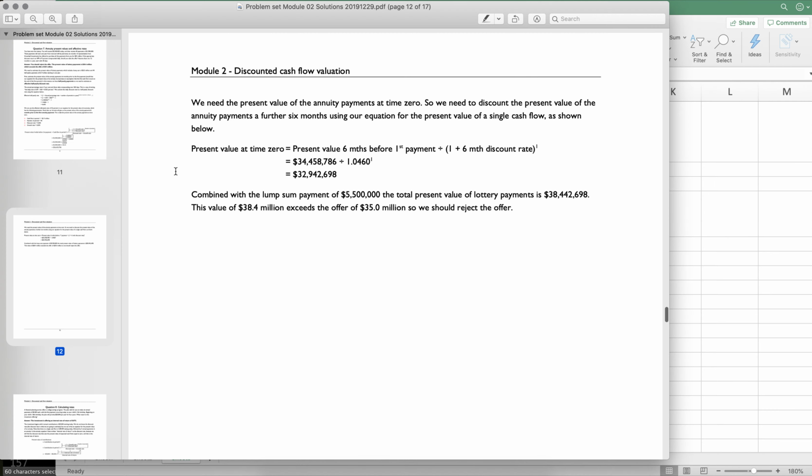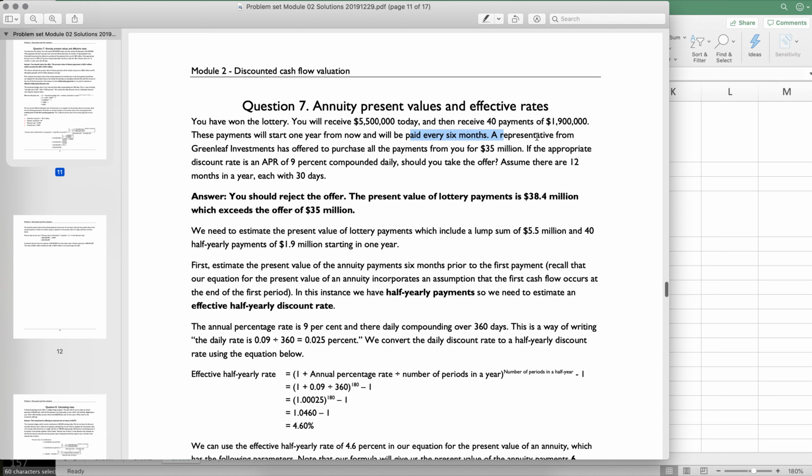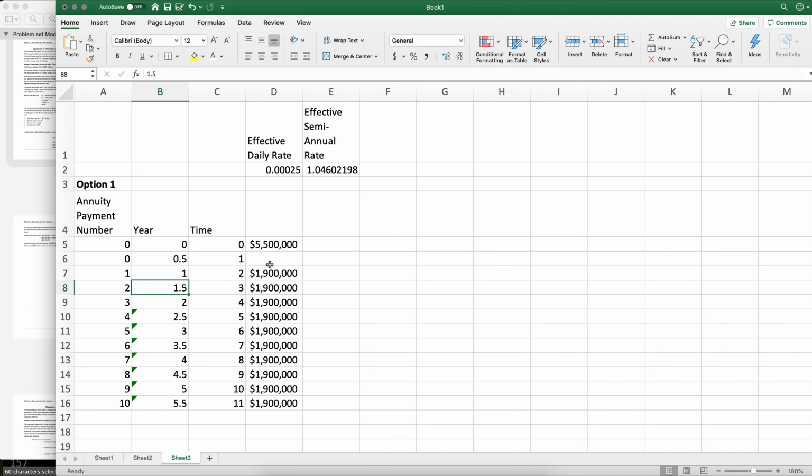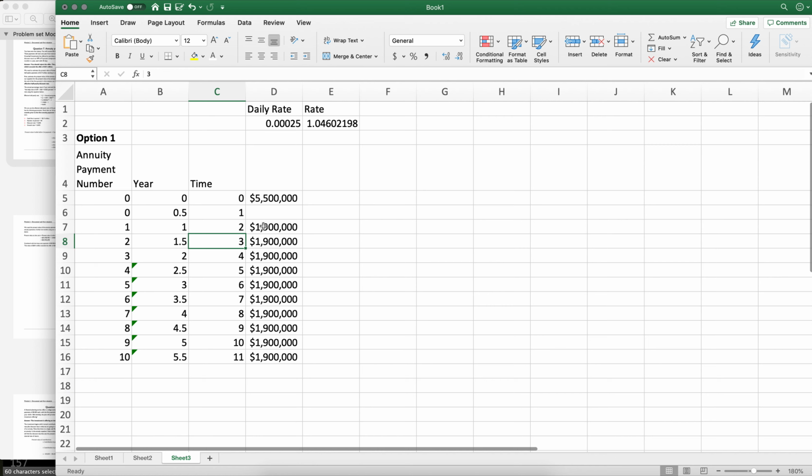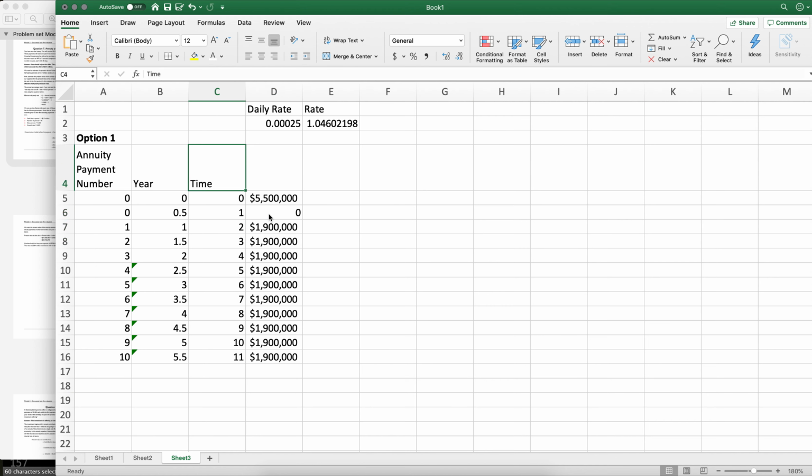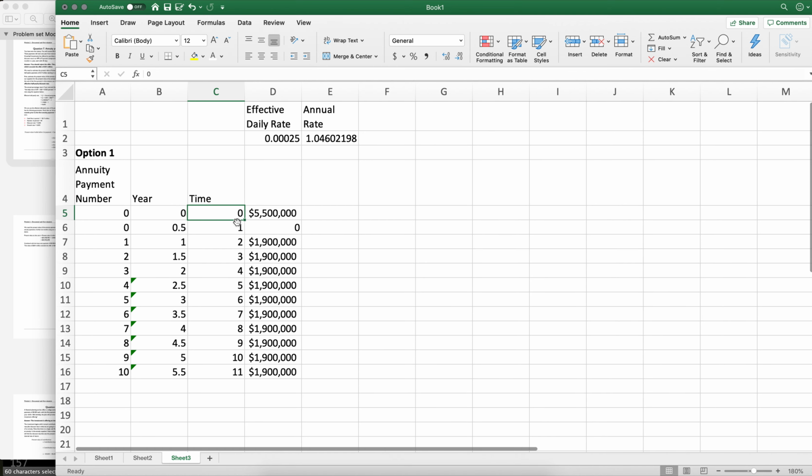So notice that we have 1.9 million and we get 40 payments of it, but they start 1 year from now and will be paid every 6 months. So what happens is we get $0 at time 1, which is 6 months, because our timeline we had to adjust for these new payments.